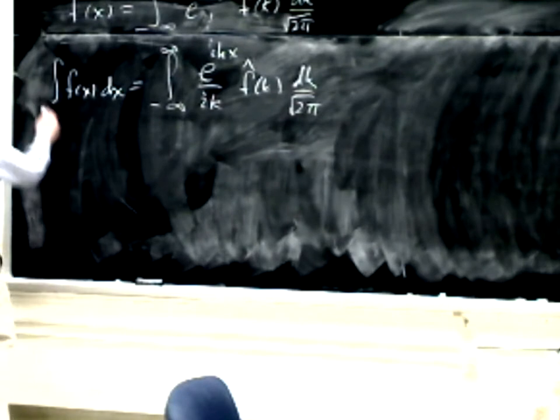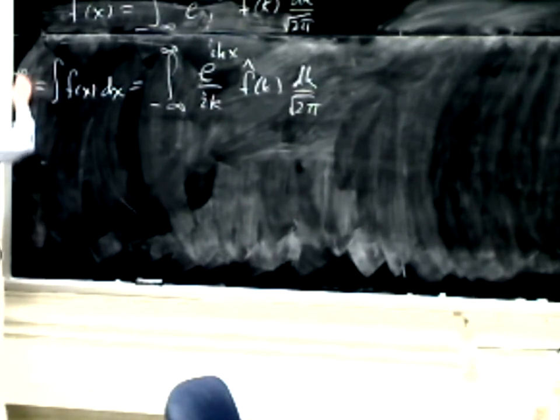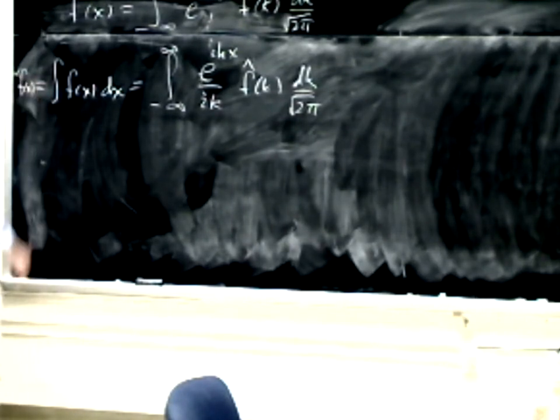And I'm going to use the notation prime f of x for the indefinite integral. Does anybody know some other standard notations for first, second, third indefinite integral? All right, well, we can go with this.